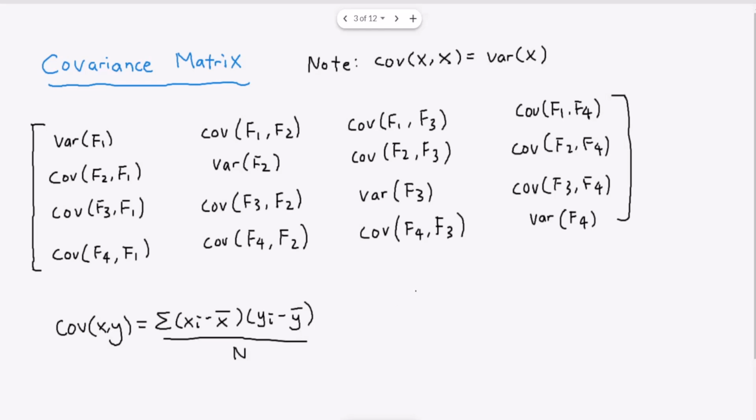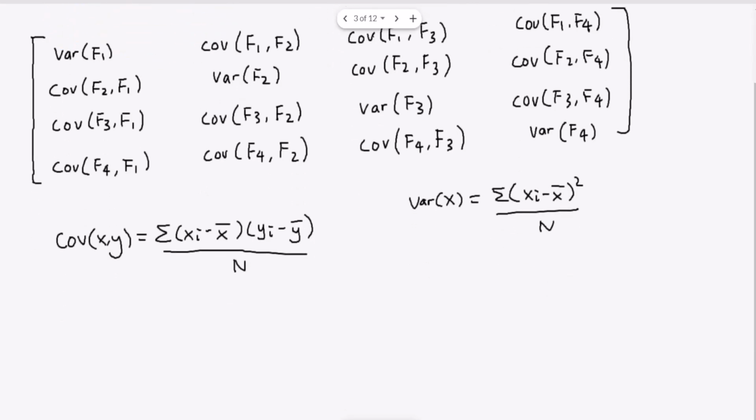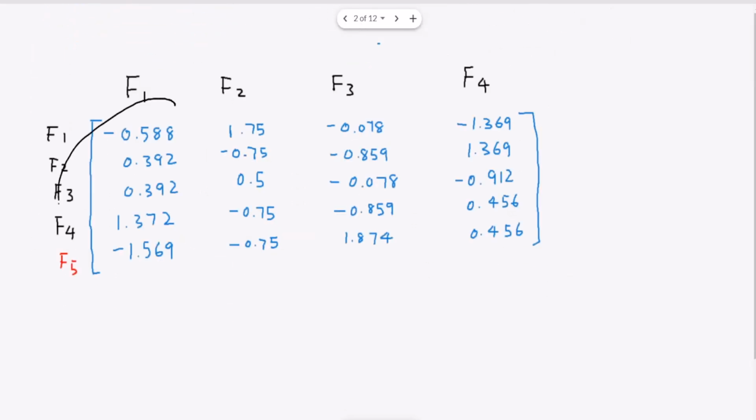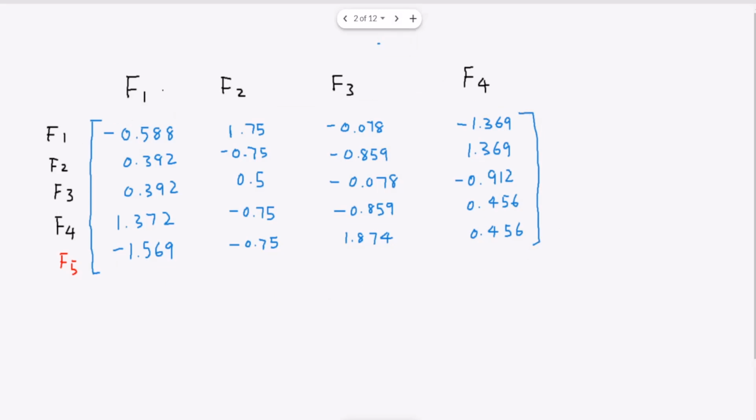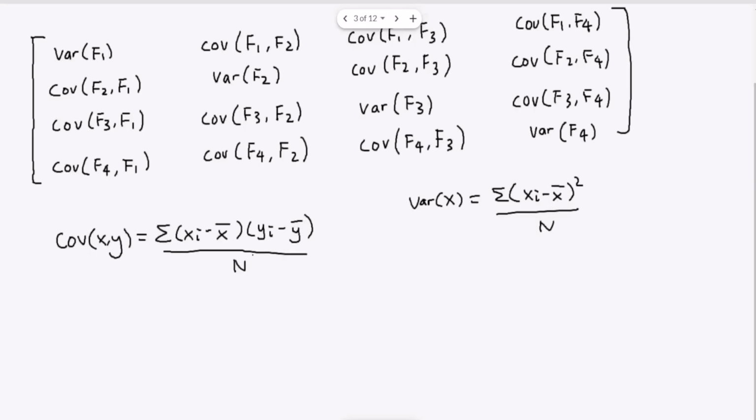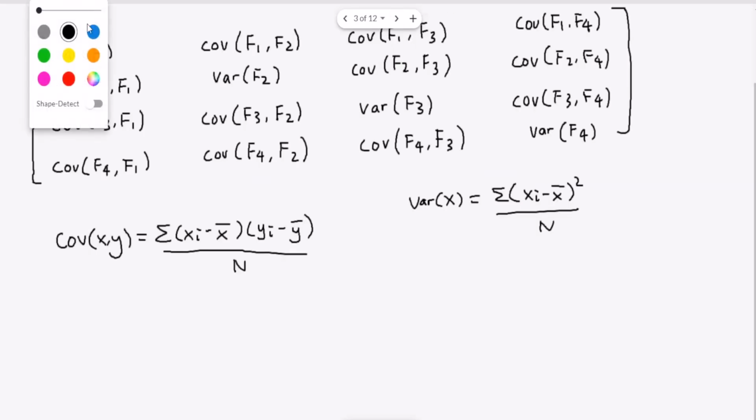And then also the variance of x is just going to be xi minus x-bar squared over n. Okay, so with that, let's do a couple of examples. I'm going to be using values from the standard matrix that we standardized. Okay, so let's go ahead and do that right now.